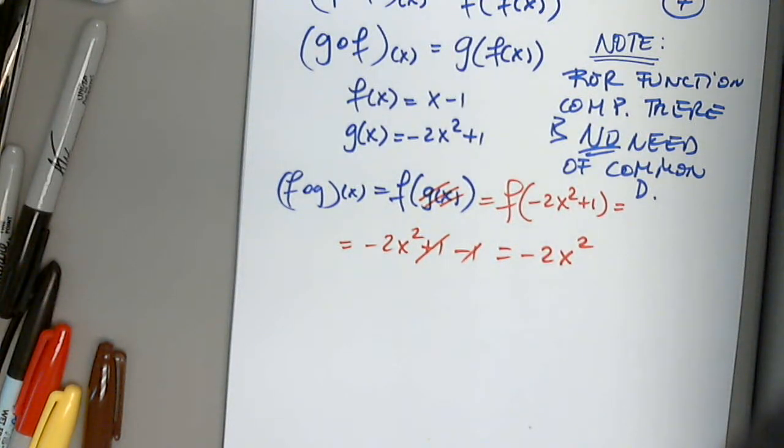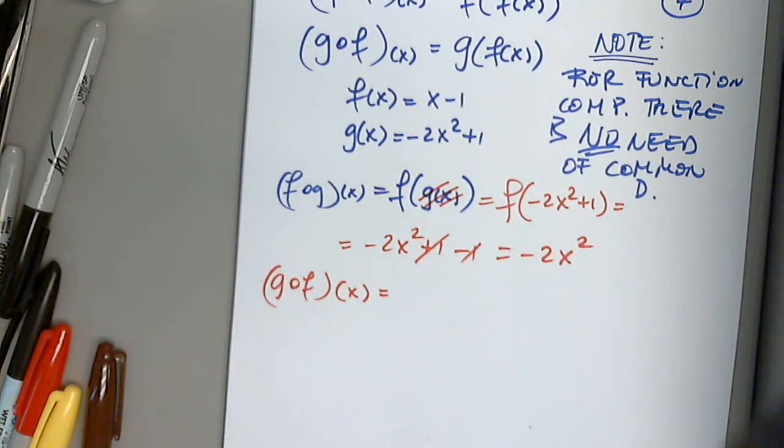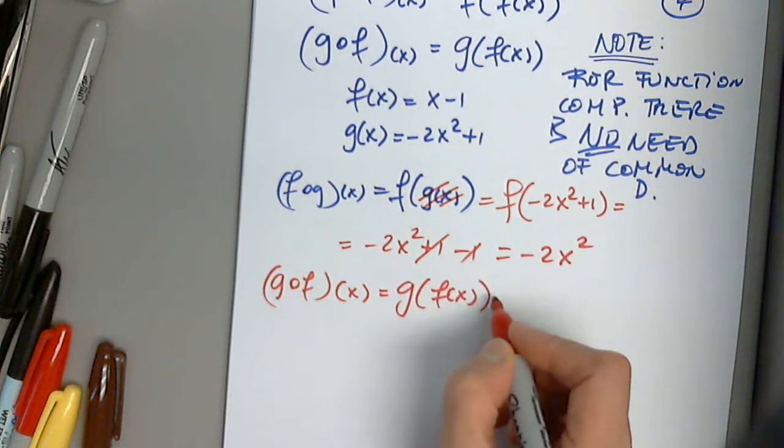So this is the first function composition we created. It's f comp g. We replace the g by what it equals, and then we asked ourselves, what does f want? Well, f wants g of x minus 1, and that's what we did. Now, let's say we want to determine g comp f. The definition is g of f of x.